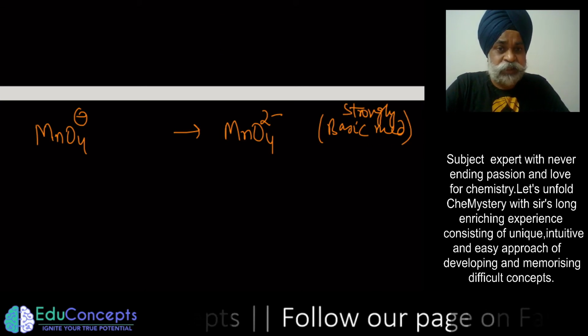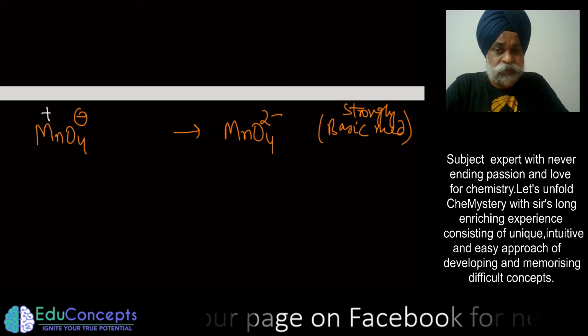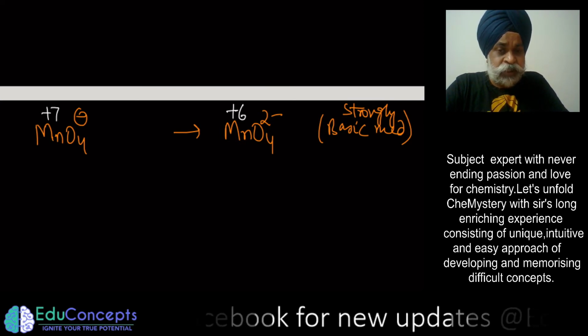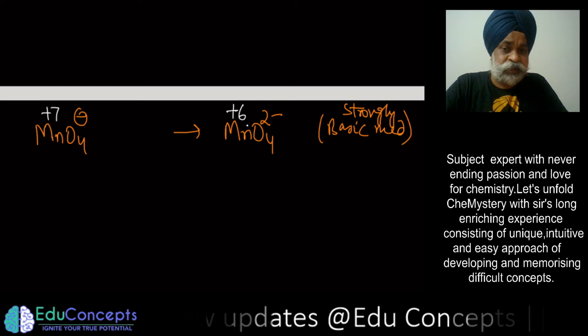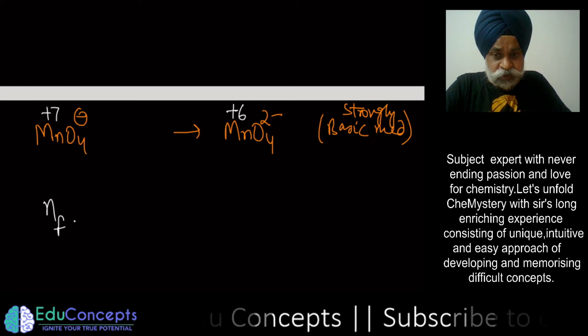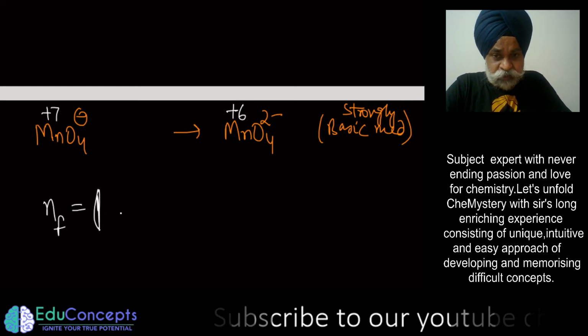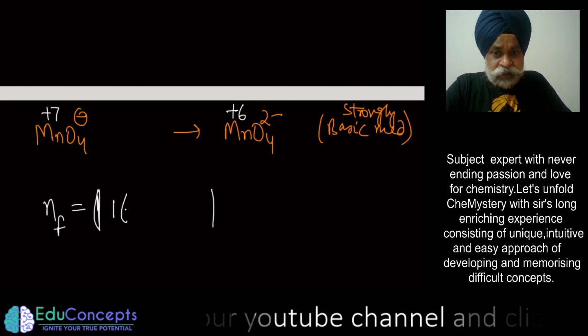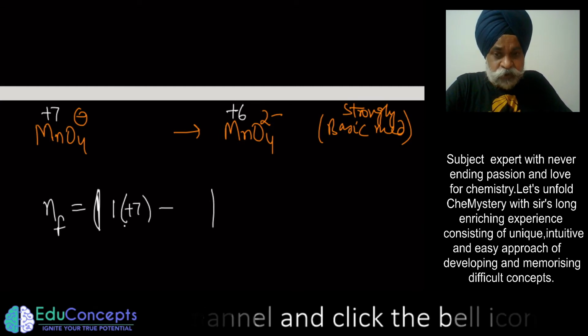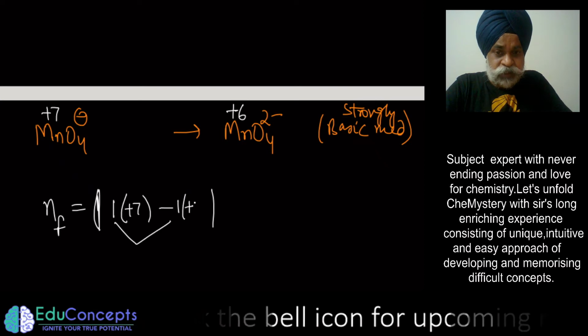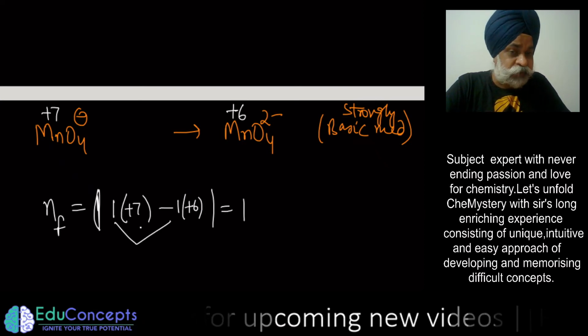So in strongly basic medium, it tends to go from +7 to +6. Here, if you want to do it with what I just told you, take a mod: one manganese in +7 goes to +6. So the N factor comes out to be 1.